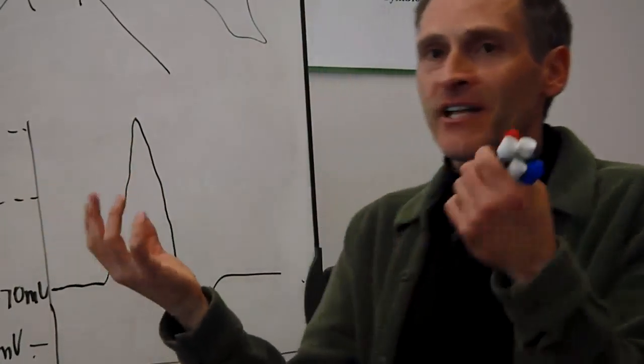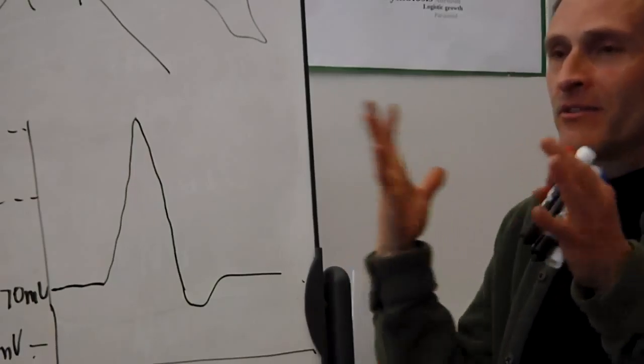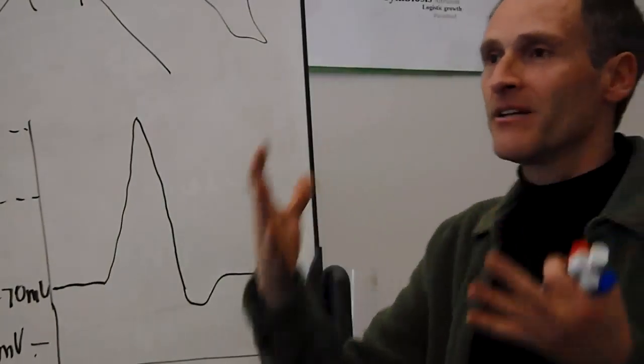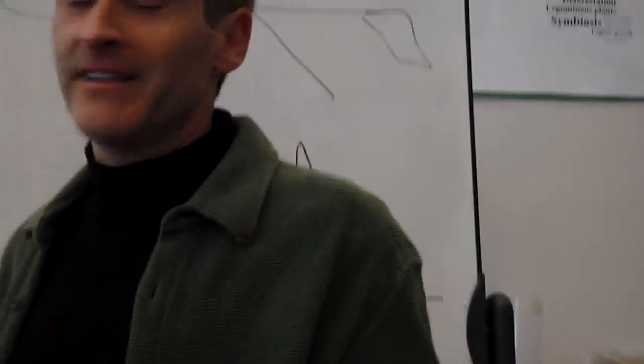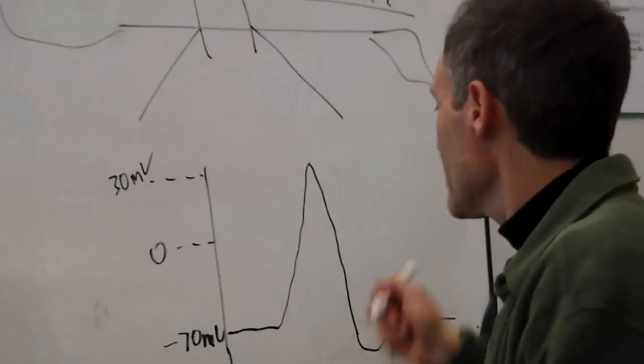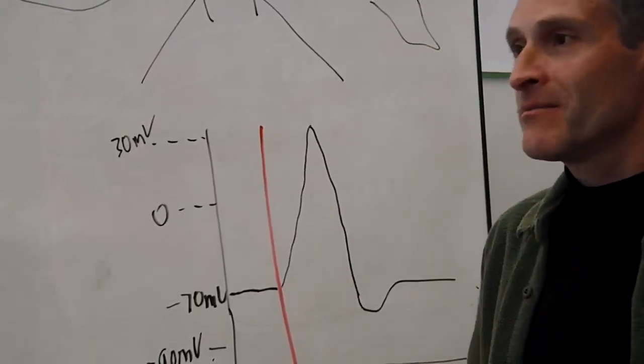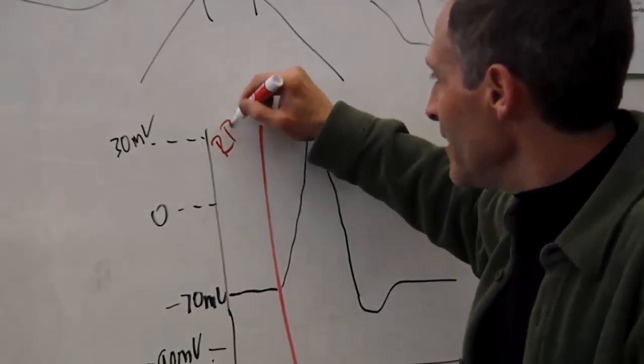Imagine if you could feel every dust particle that falls on you, you'd go crazy, right? So right now, minus 70 millivolts, this is called the resting potential. Good? So RP.